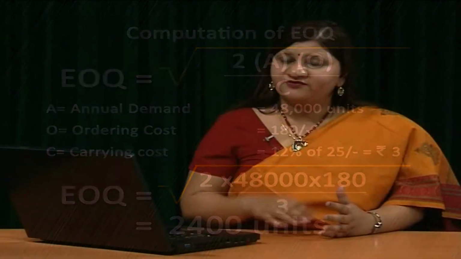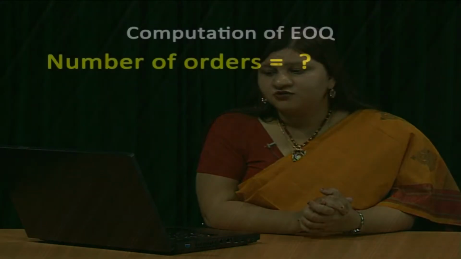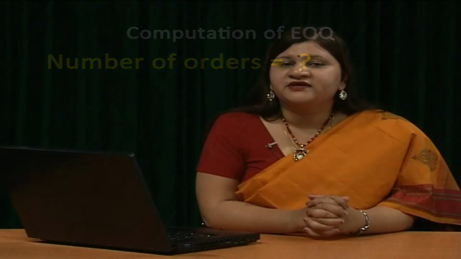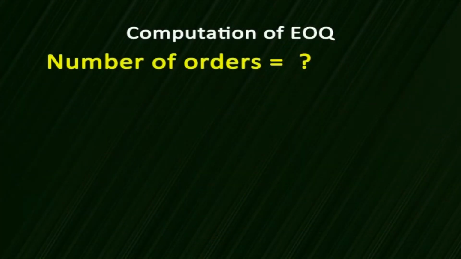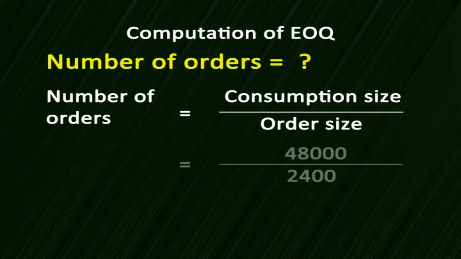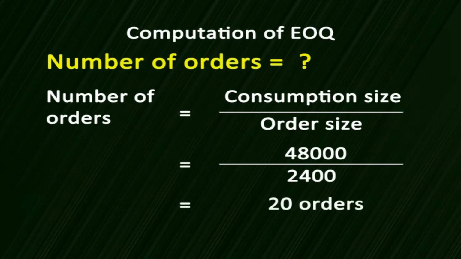Now we need to ascertain cost at this EOQ level. First of all we need to find the number of orders so that we can multiply by the ordering cost of 180 rupees per order. To ascertain the number of orders, the formula is total annual consumption divided by order size. Our total annual consumption is 48,000, so 48,000 units divided by 2400 gives us 20 orders.